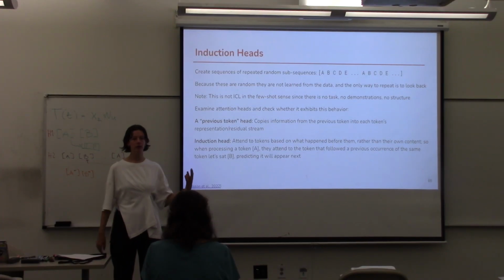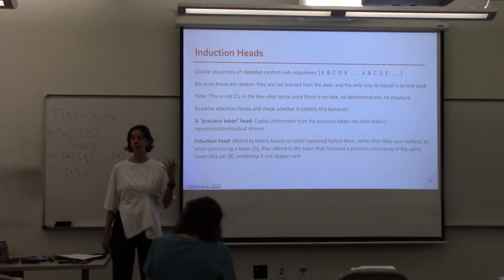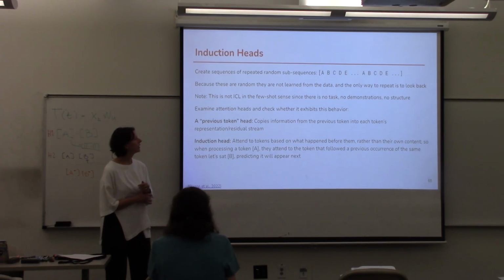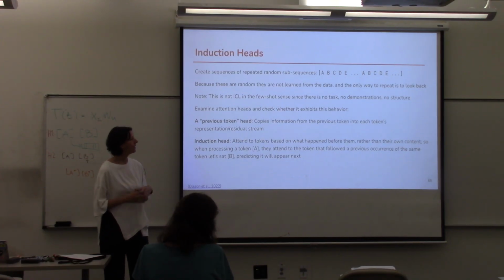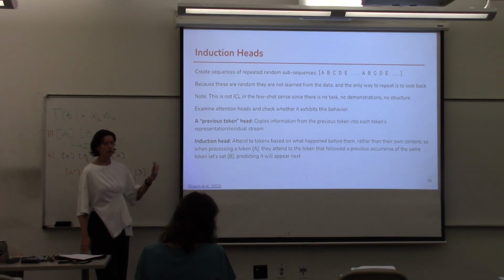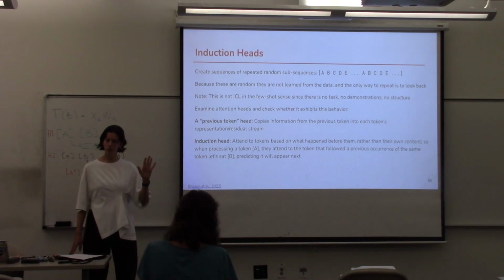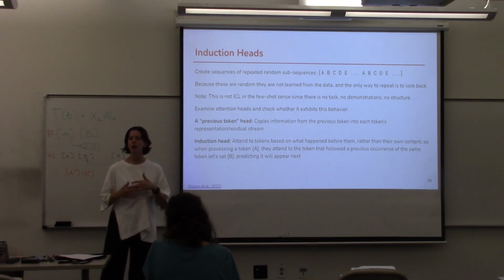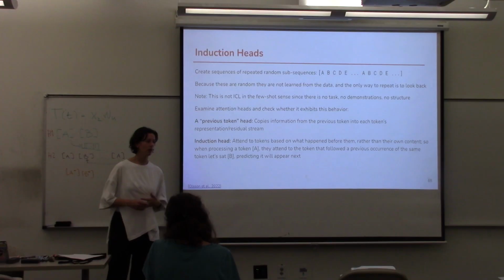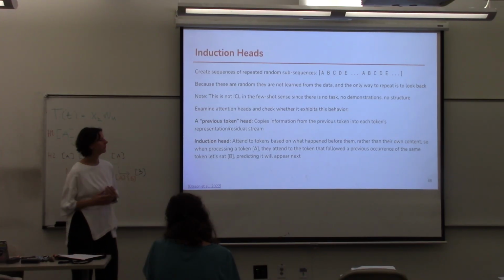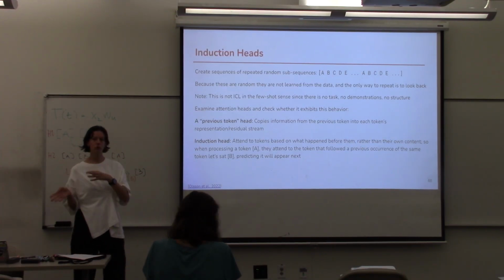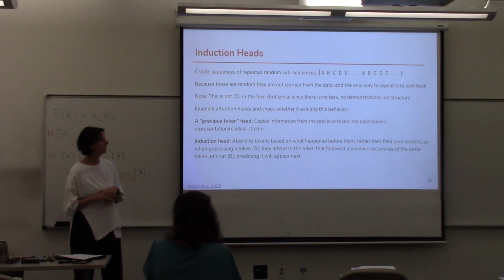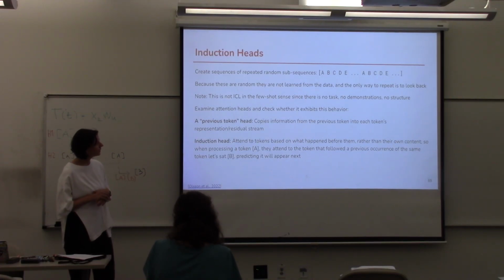Here we just have these repeated sequences of random tokens, and they say, okay, we are going to study in-context learning in this synthetic setup, and they claim that this is a proper way to be informed about in-context learning. And we'll come to whether that is true or not in a few slides.